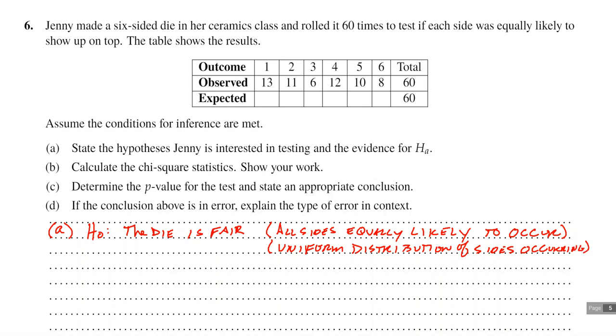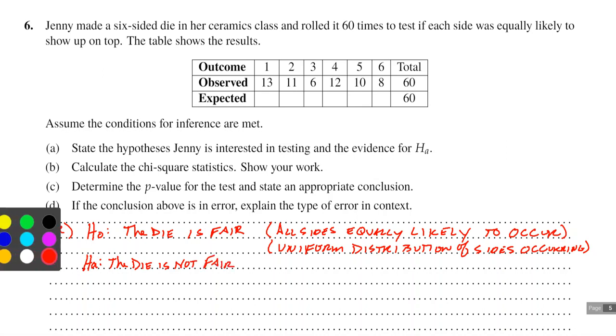So the die is fair if all sides are equally likely to occur. Now, what would be the alternative hypothesis? The alternative hypothesis would be the die is not fair.